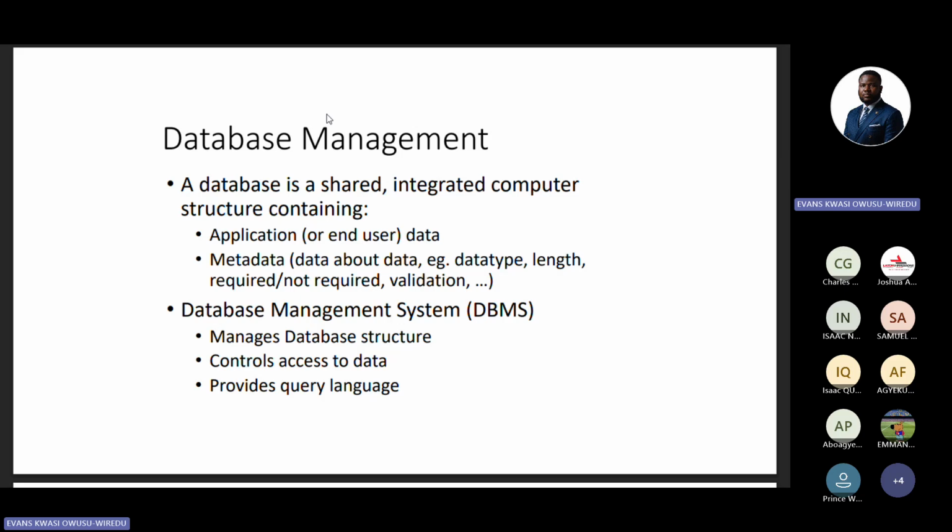So what are some of the metadata that we are unaware of? Anytime you are interacting with a database system, right? You have certain information or data that is hidden behind what you have inputted, right?